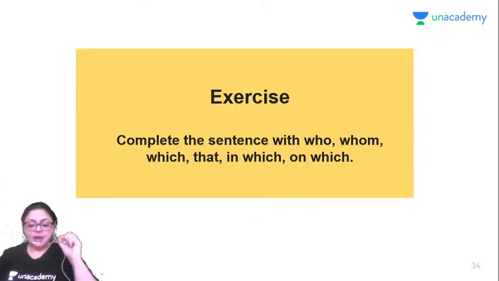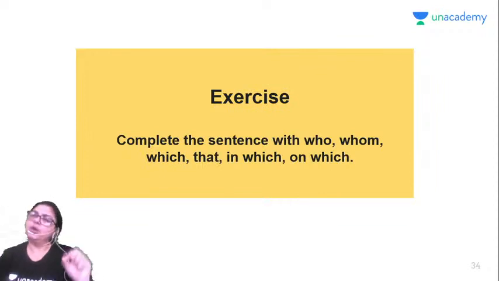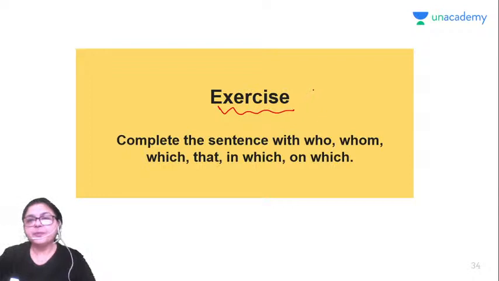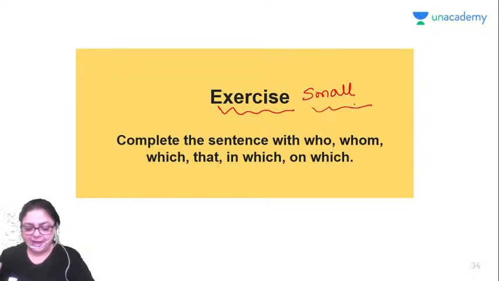Okay, now as we have done this, we are going to move to a small tiny exercise. As we do every day, we have a small tiny exercise, and I want all of you to give me answers. Complete the sentence with who, whom, which, that, in which, on which.